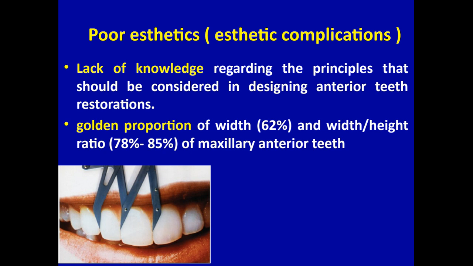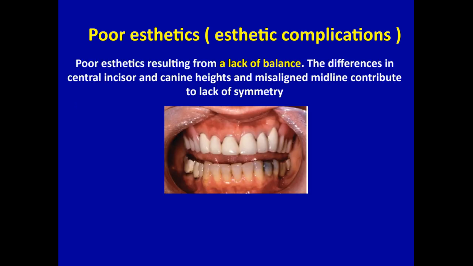Also, the dental midline should be vertical and parallel to the facial midline. Also, the axial inclination of the anterior teeth, the embrasure, and the proximal contact, all these principles should be considered. Also, symmetry: the left side should be a mirror of the right side.